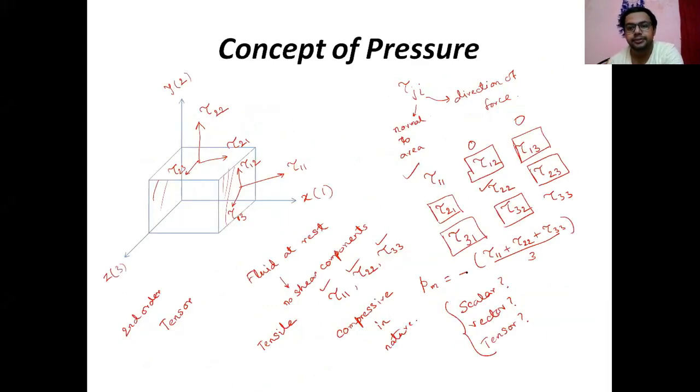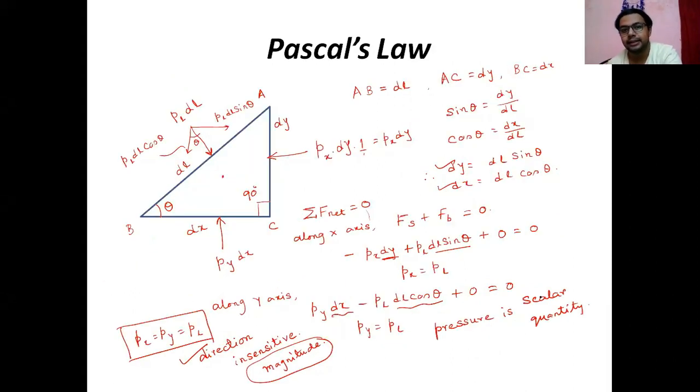Previously we were talking about it: pressure is definitely a scalar. It is not a vector because it is direction insensitive. It is not a second order tensor either, because it does not depend on the orientation of the area. So that is about Pascal's law.